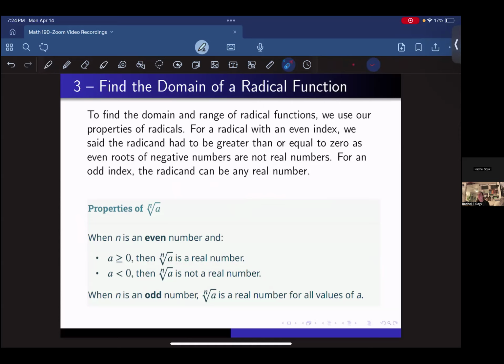And then another thing that you want to think about when finding domains is if you're dealing with a fraction, you want to make sure that 0 never appears in that denominator because that makes the value of that fraction undefined, which is once again not possible. So, domain of radical functions, this is to sum up what I just said verbally.